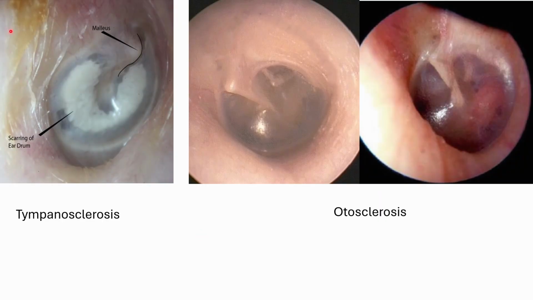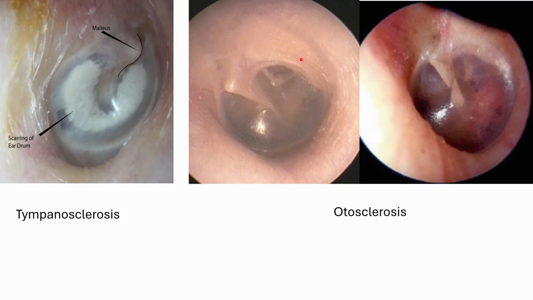Otoscopic findings, as I mentioned, the chalky white deposits of tympanosclerosis are here. Most of the time in otosclerosis, the eardrum will be normal. The two most common conditions of conductive hearing loss in which the eardrum looks normal are otosclerosis, and second is ossicular discontinuity.